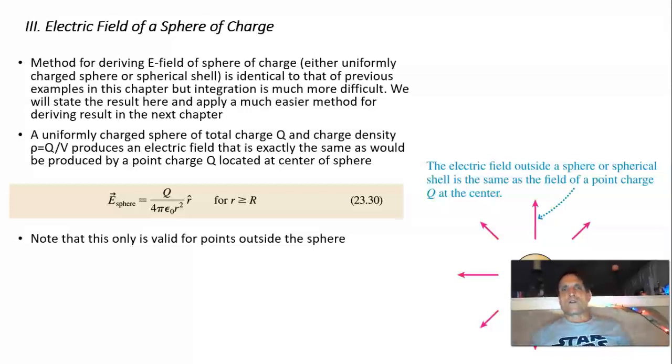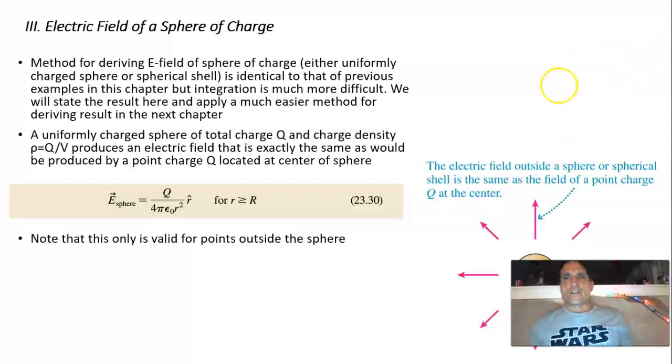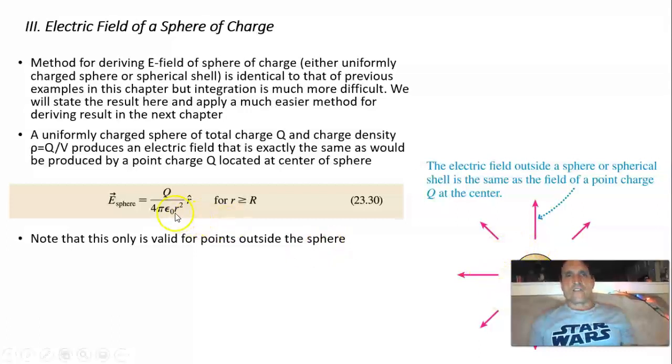The second solution that we're going over today is the electric field due to a charged sphere of radius big R. Okay. And this could be either a solid sphere or it could be a shell, okay? But the solution outside of a sphere is exactly the same.